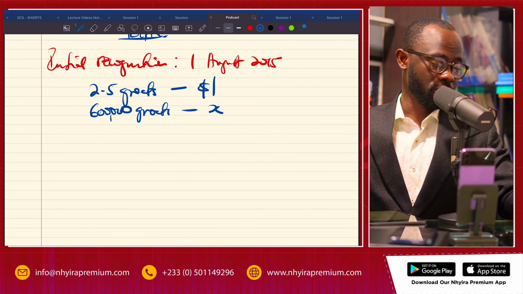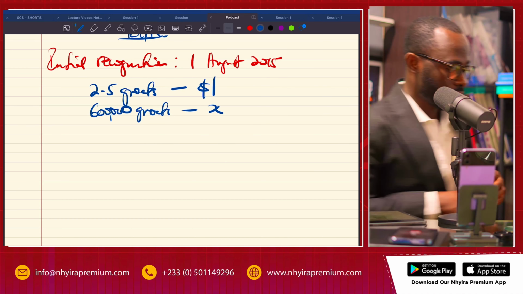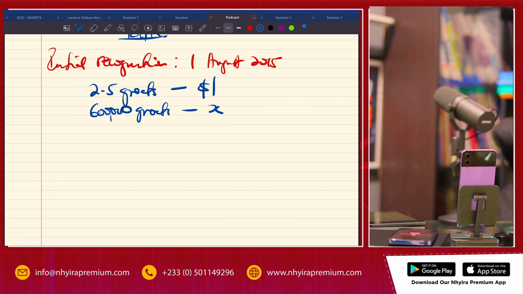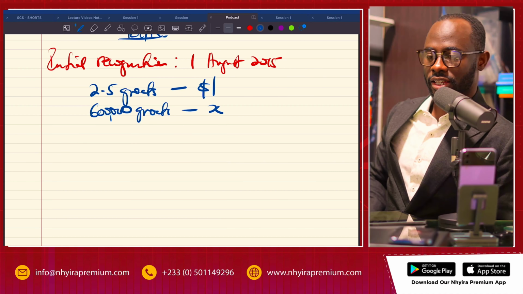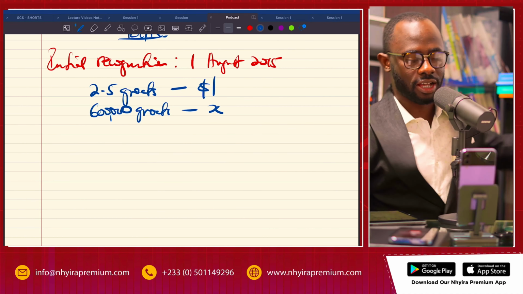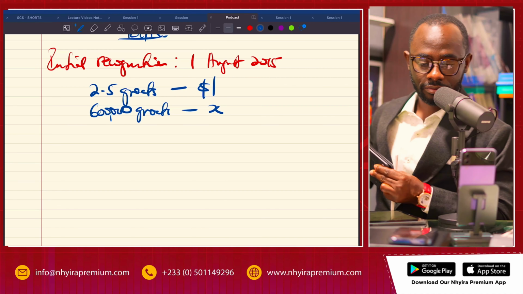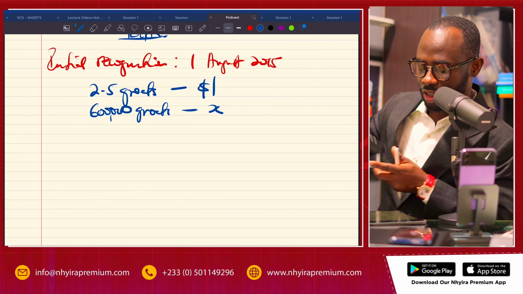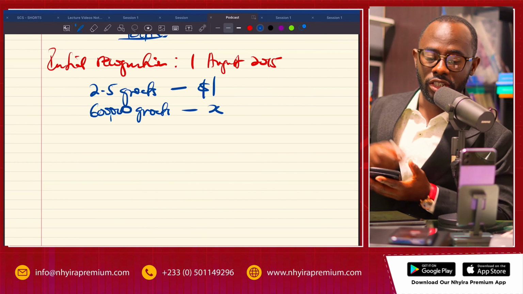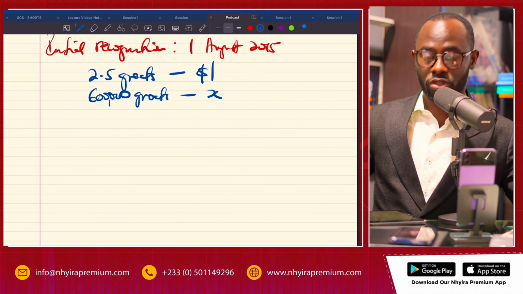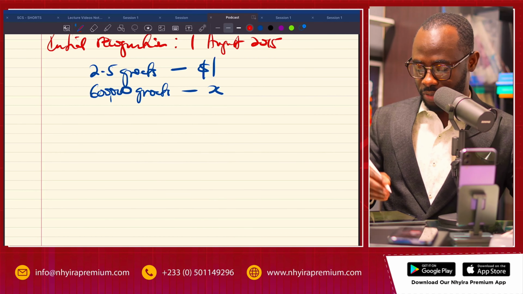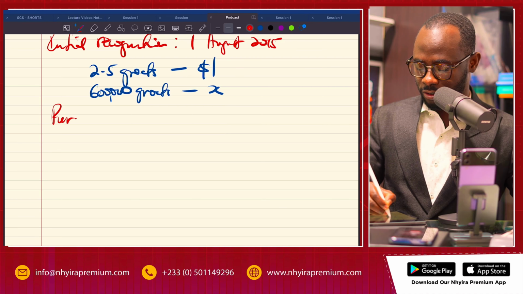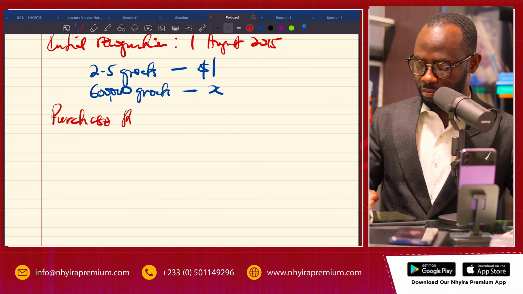So we do cross multiplication, then we get the answer. Let me grab my calculator here, and then we'll work that out. So it means we're going to be dividing, to get the initial purchase cost in dollars, or the purchase price in dollars.